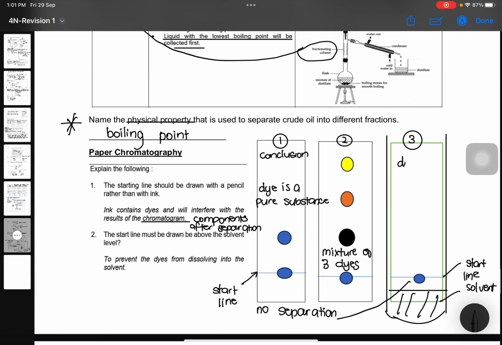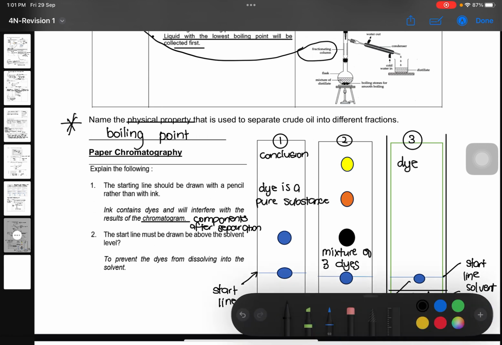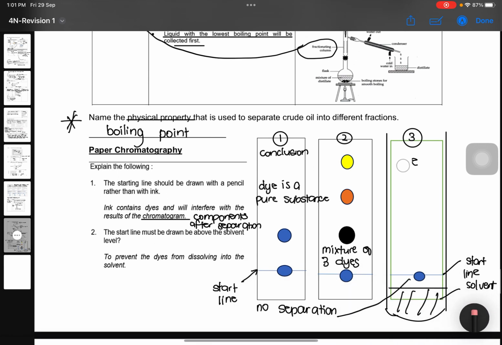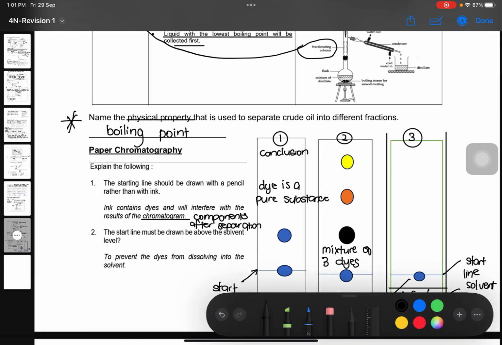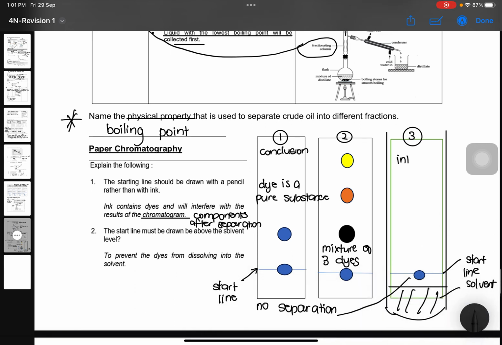Because the dye or the ink is not soluble in the solvent. So what can you do? You need to change the solvent. The ink is not soluble in the solvent, that's why there is no separation.